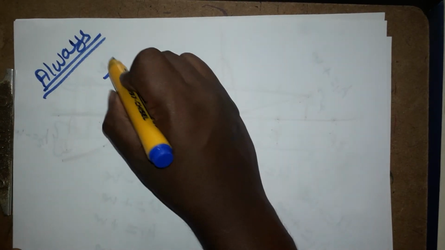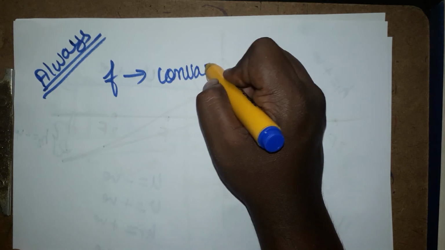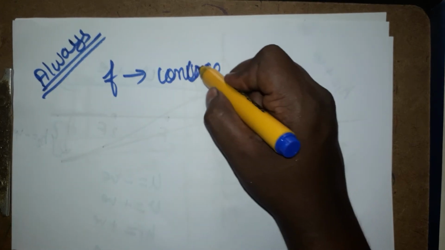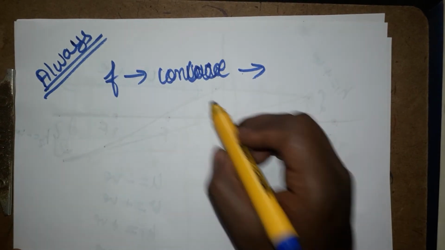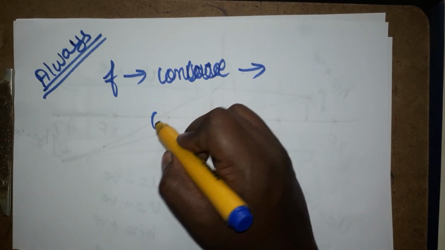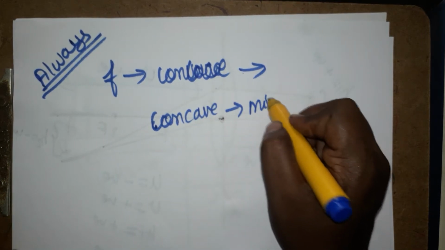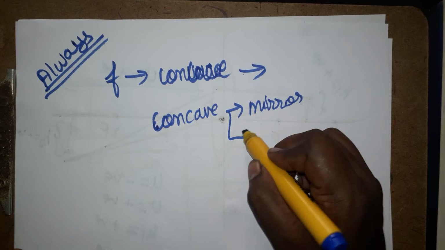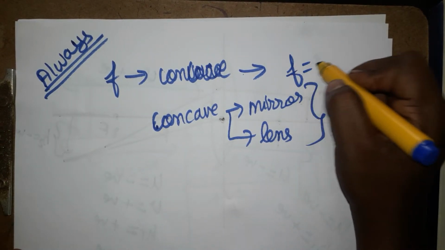The focal length of a concave mirror or concave lens, whether it is a concave mirror or concave lens, you should take as negative.